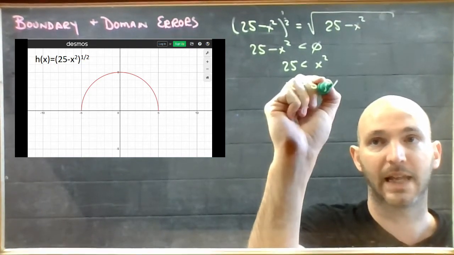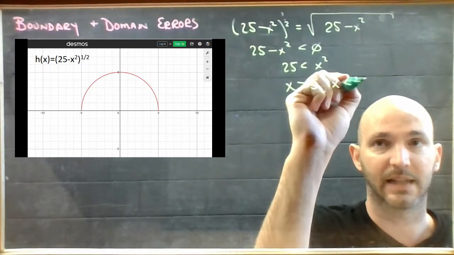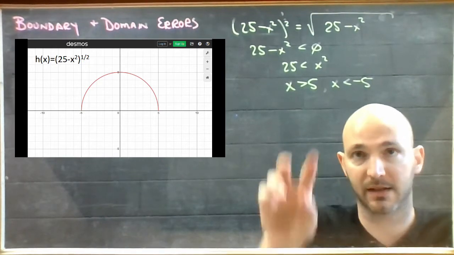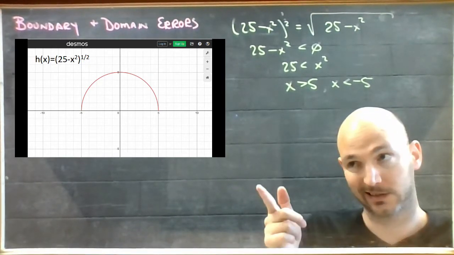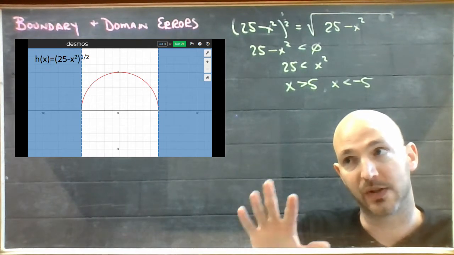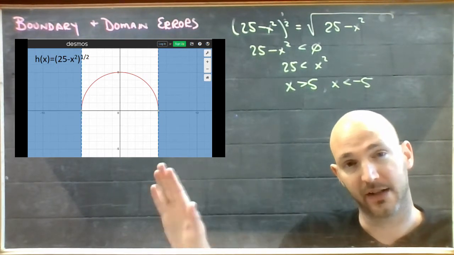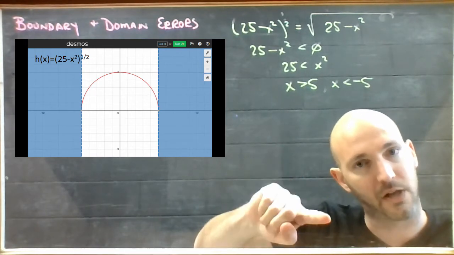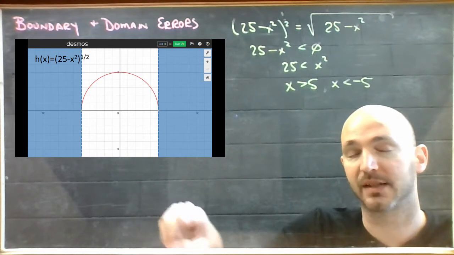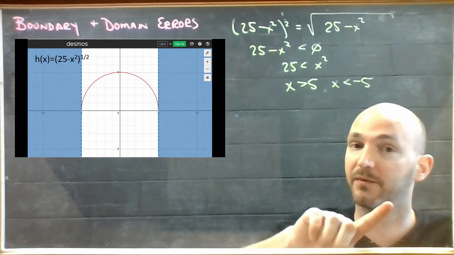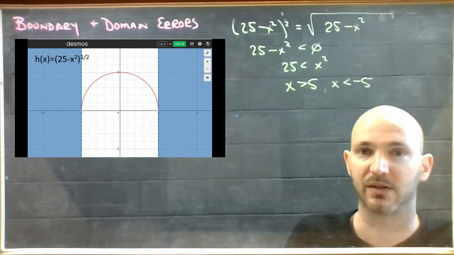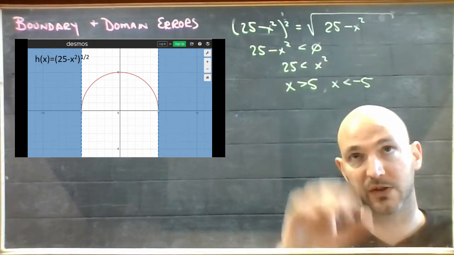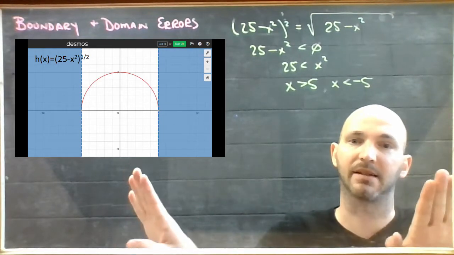Or when x is less than negative 5. And if I were to pop those ranges up there on the picture, then you'll see in the shaded areas off to the wings that there is no function there. You've got just the little arc, and then beyond negative 5 on this side it doesn't appear, and then above positive 5 on this side there is no function. So the domain error for that particular function ends up being anything past plus or minus 5.